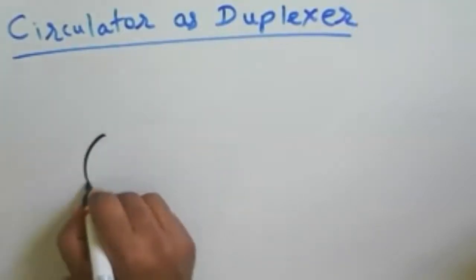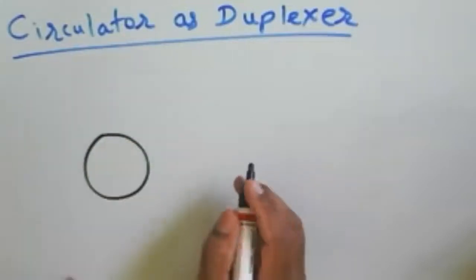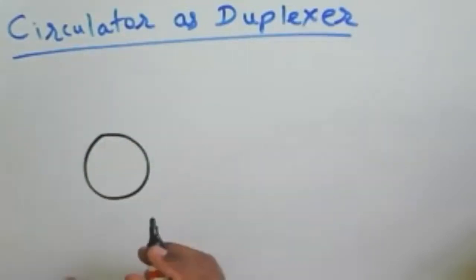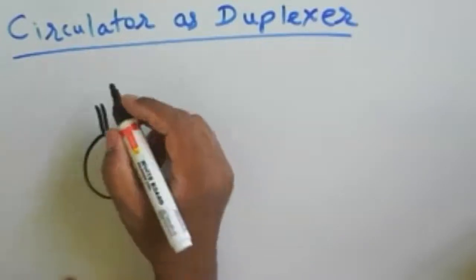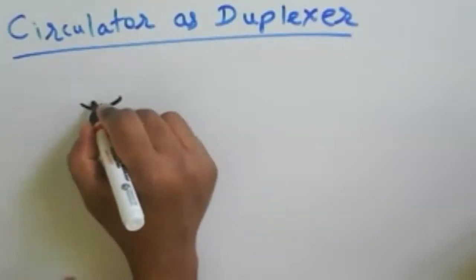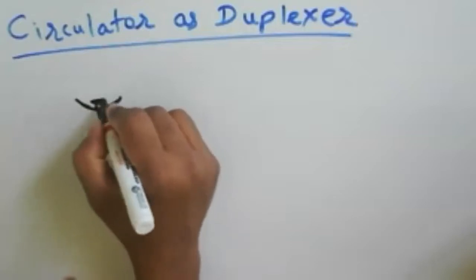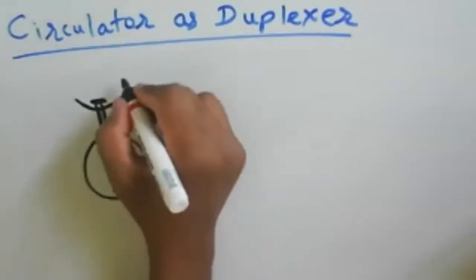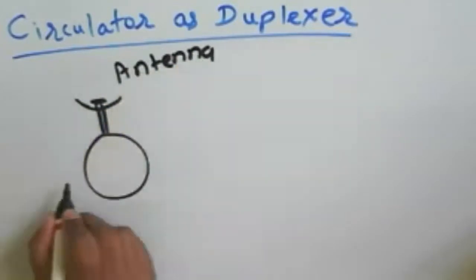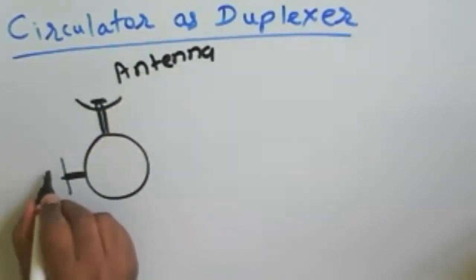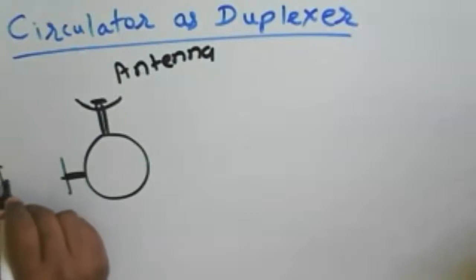So the circulator has three ports. One port is connected to the antenna, and another port is connected to the transmitter.